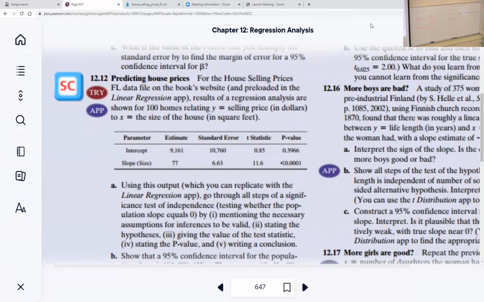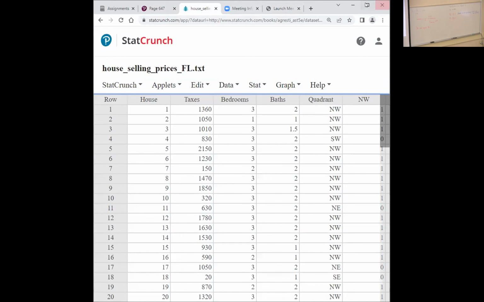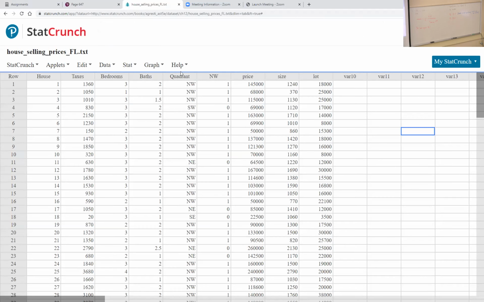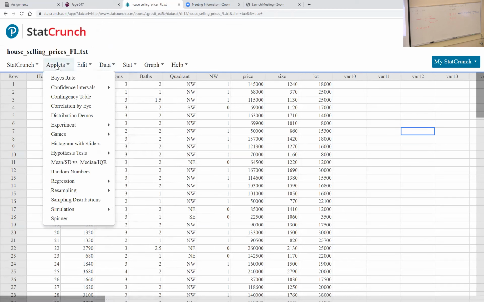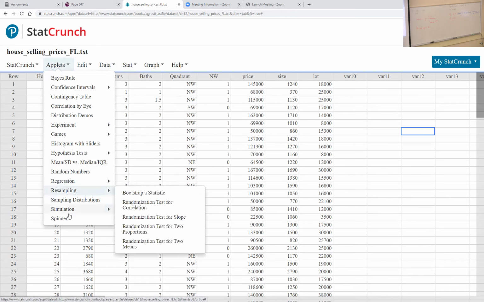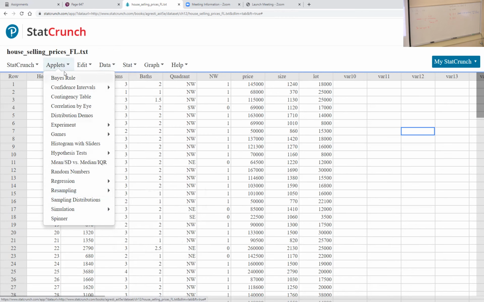So let's go to StatCrunch, pretty straightforward. Applets should do it. Say linear model.